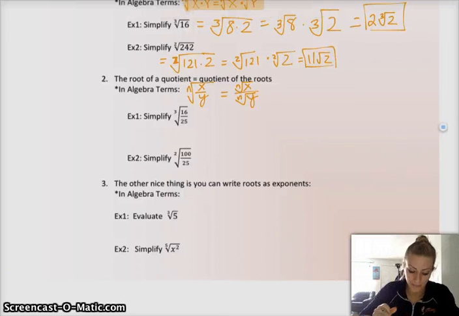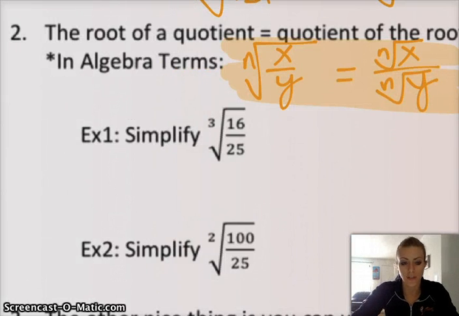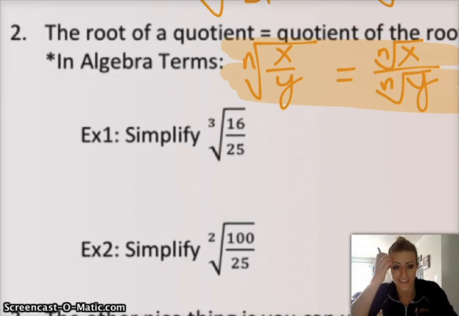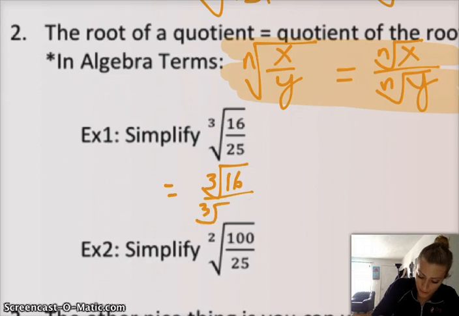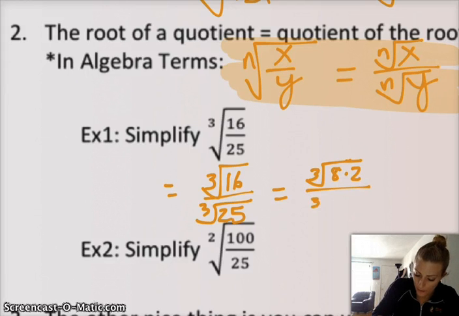Okay, so let's do a couple examples. All right, cube root of 16 over 25. It's not going to really simplify much, but we can break that up into the cube root of 16 over the cube root of 25. 16 is 8 times 2, so that becomes the cube root of 8 times 2, over the cube root of 25.